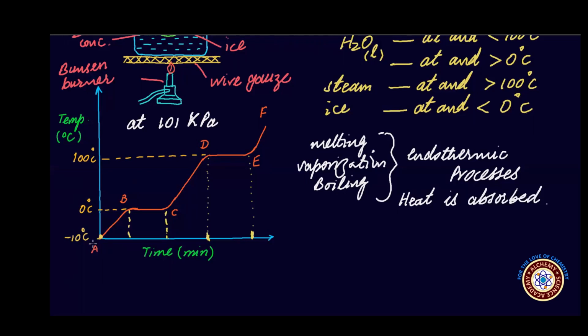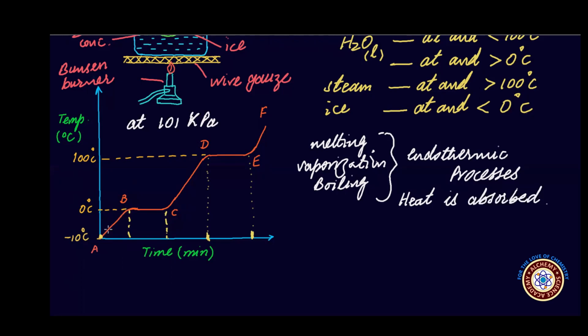When we start heating ice at minus 10 degrees Celsius, the molecules of ice absorb thermal energy, and that thermal energy, which is heat, is used up to increase the kinetic energy of the molecules.